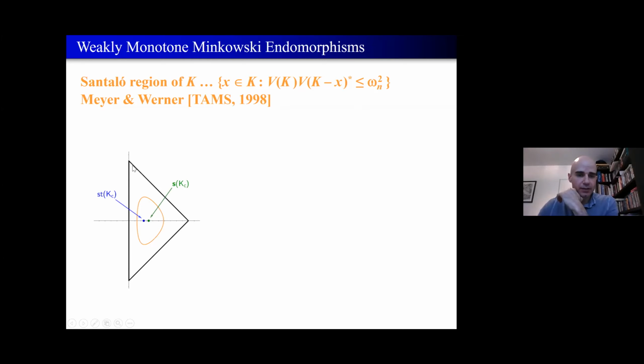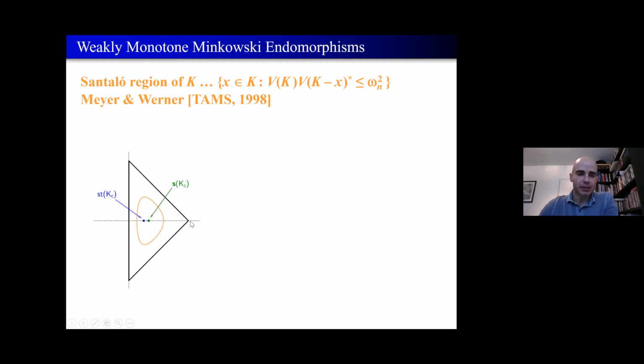And for this simple body, for this simple triangle, you can actually compute this exactly. You can compute the location of the Santaló point, which is the green point, and the location of the Steiner point, which for this triangle, they do not coincide.